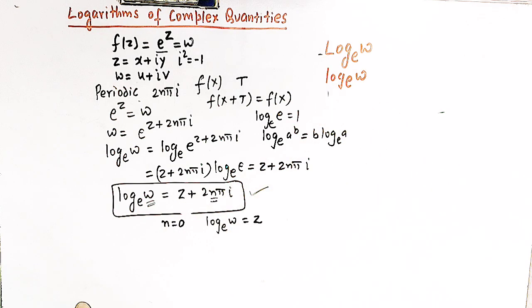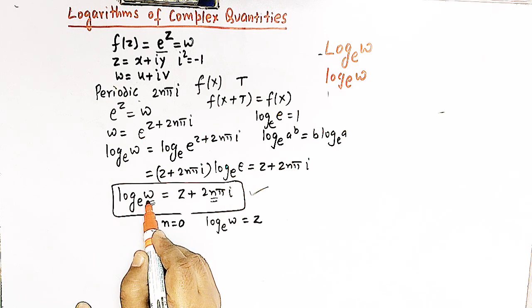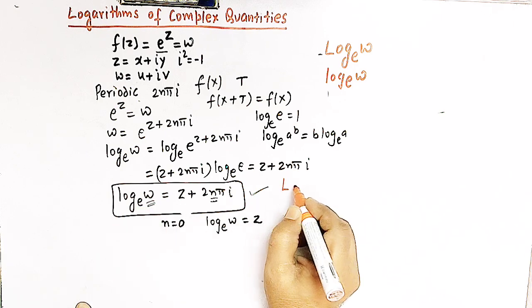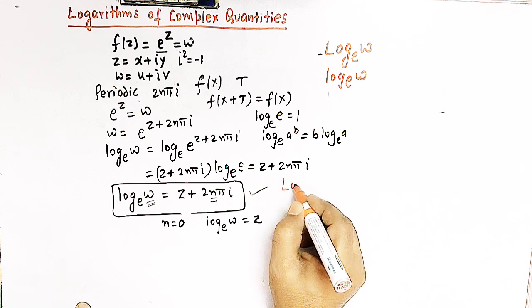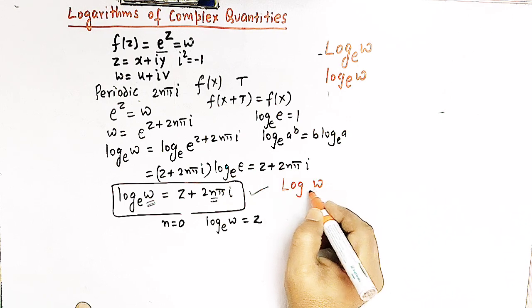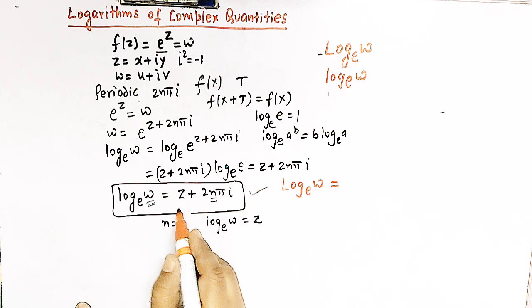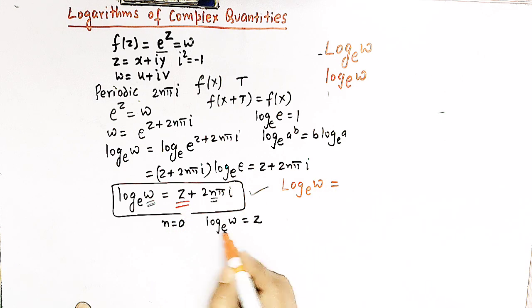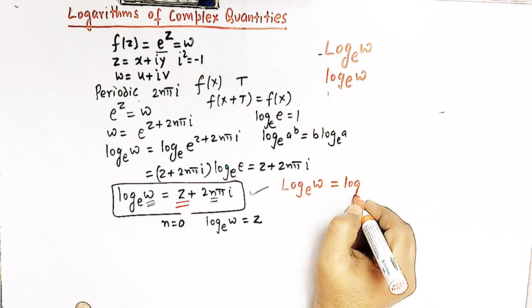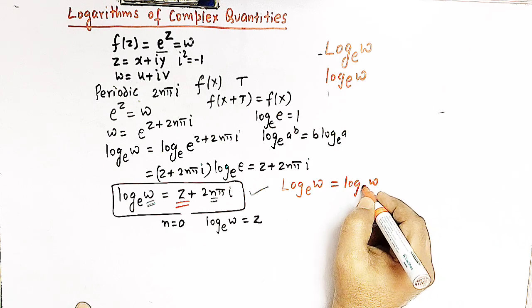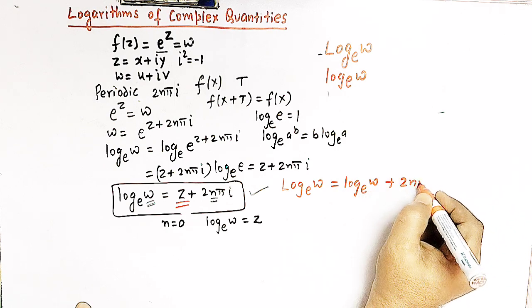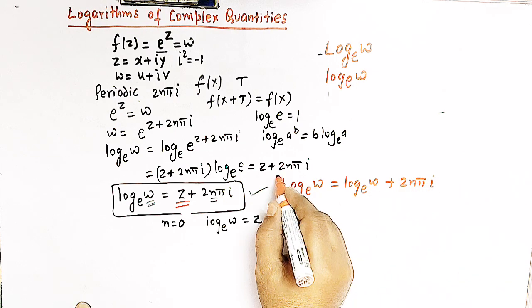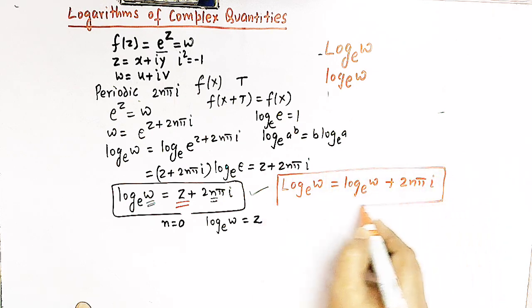Now the general value of the logarithm of this complex quantity w can be written with capital L, log w to the base e, equal to the log of w with base e plus 2n pi I. This is an important expression.